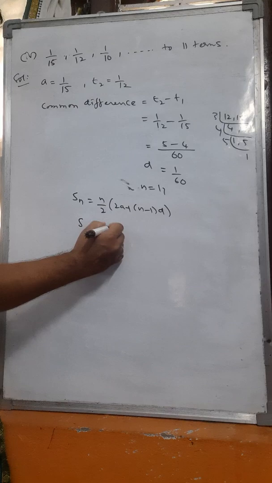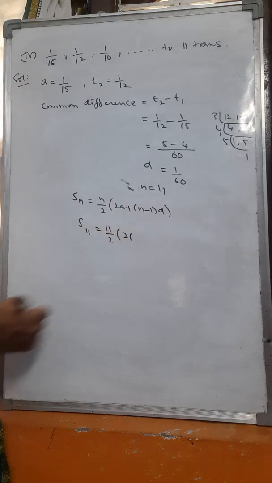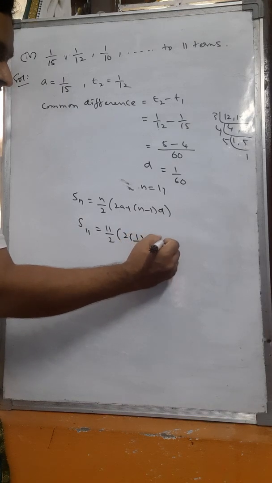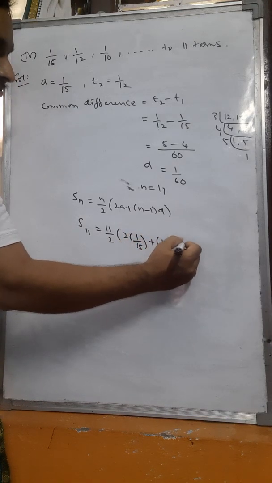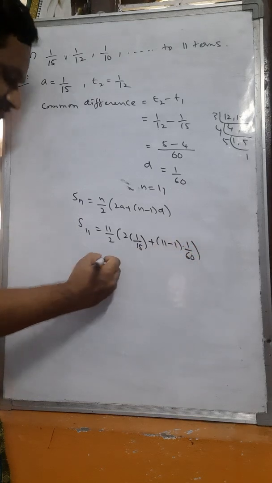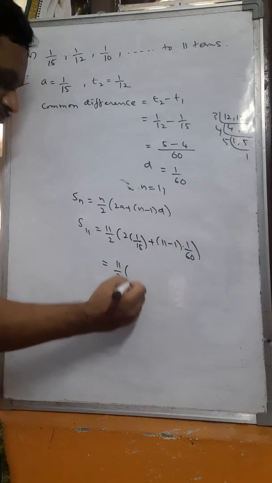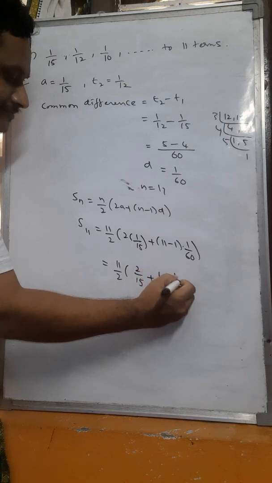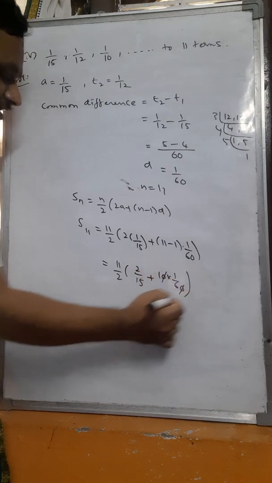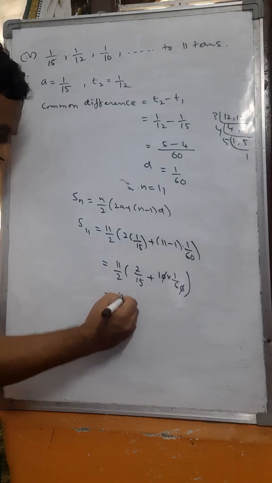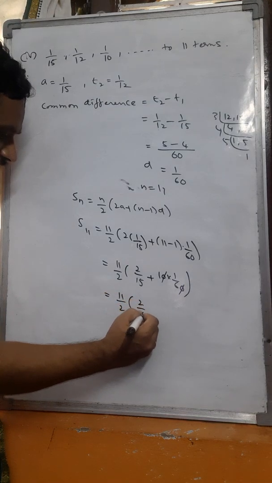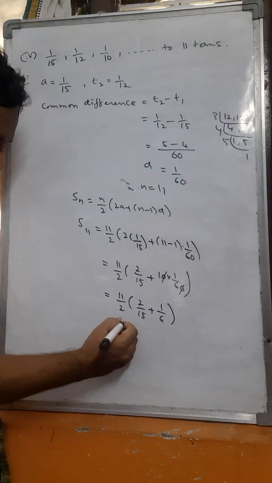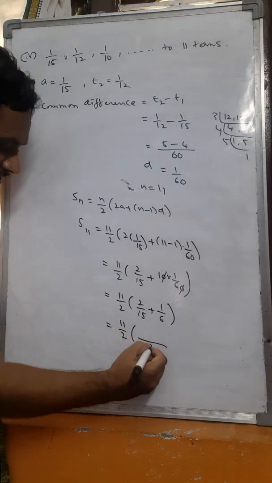S11 is equal to 11 by 2 into 2a, a means 1 by 15, plus 11 minus 1 into d, 1 by 60. So that is 11 by 2 into 2 by 15 plus 10 into 1 by 60. The zeros cancel. So that is 11 by 2 into 2 by 15 plus 1 by 6. LCM is 30.